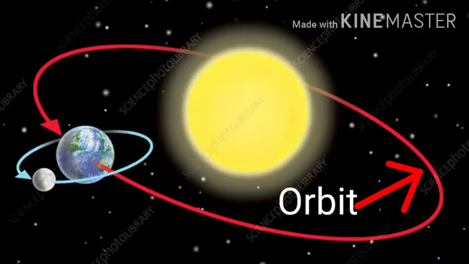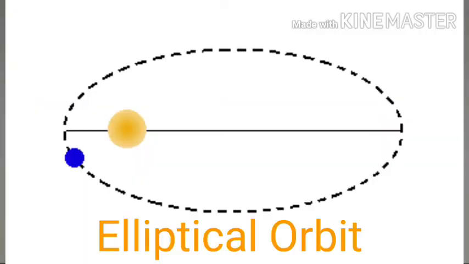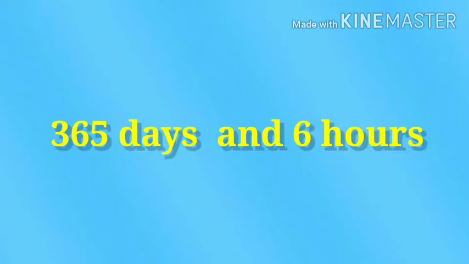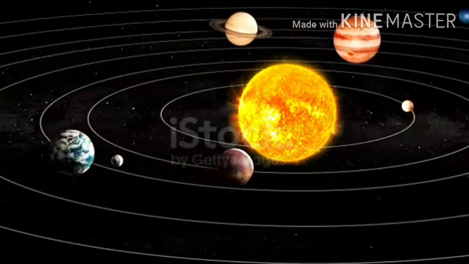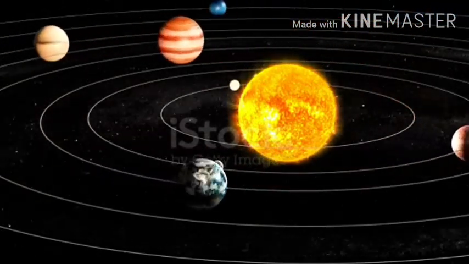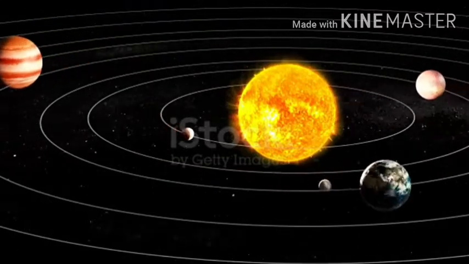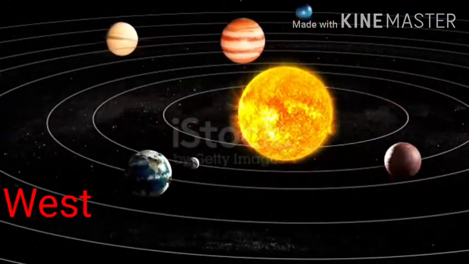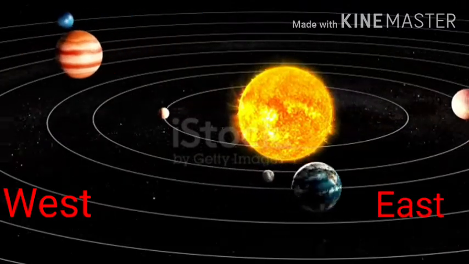The fixed path in which planet Earth revolves around the sun is called the orbit of the Earth, and the orbit of the Earth is elliptical. Planet Earth takes almost 365 days and 6 hours to complete one revolution around the sun, and Earth revolves from west to east of the sun.